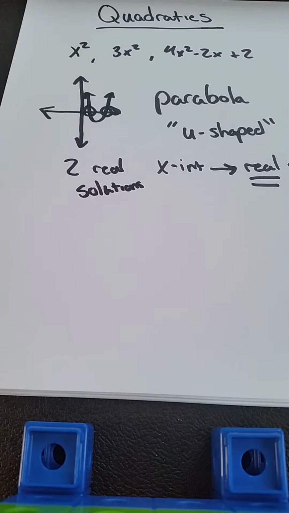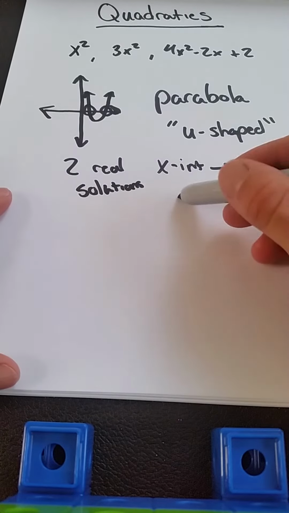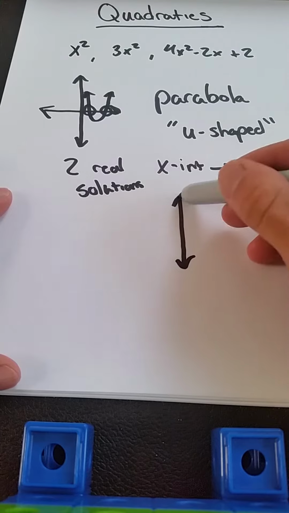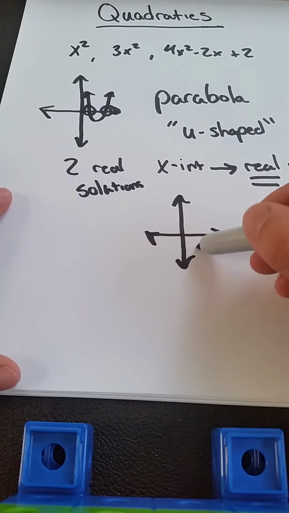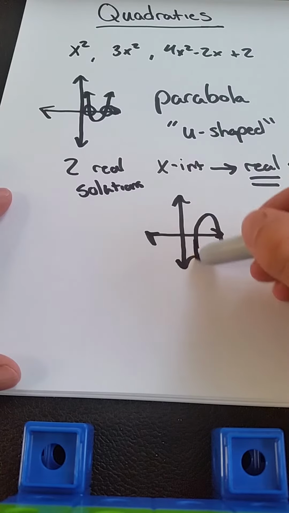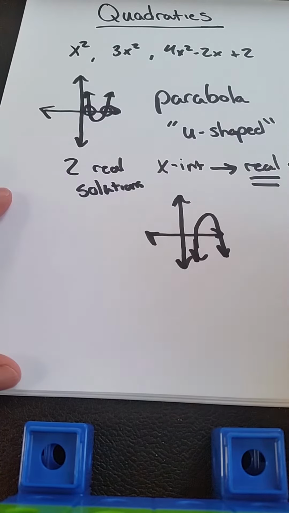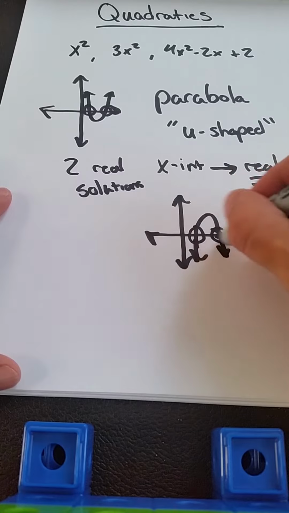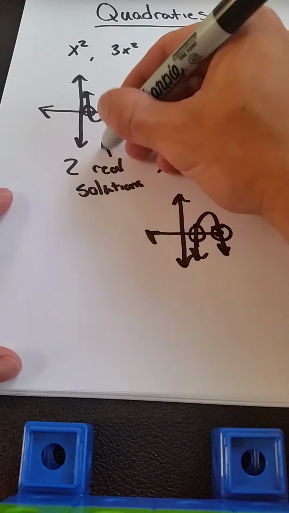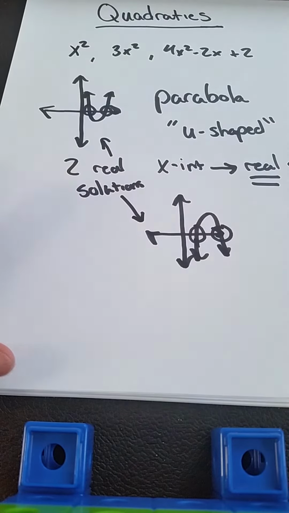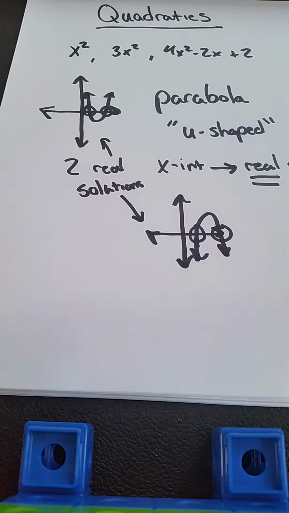Then we can also take the same graph of a quadratic, flip it upside down, and it's still a quadratic, it's just a negative quadratic. You can see that it still has 2 solutions where it crosses the x-axis. So both this equation and this one have 2 real solutions, or 2 real zeros.